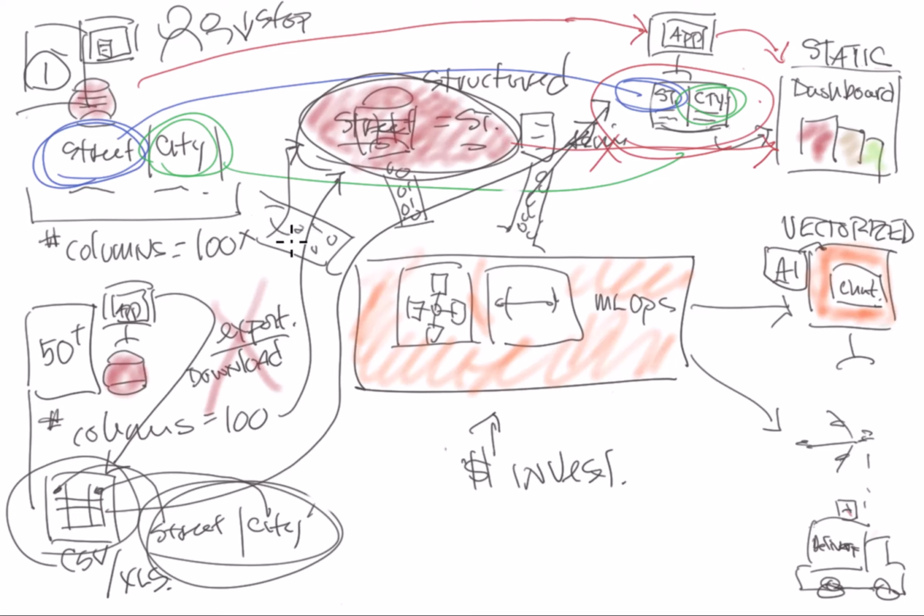So we want the ability to pipe in all types of data from all over our systems, right? And so that feeds into this MLOps framework, which ultimately will do these type of things. In addition, we'll do the simple things like develop these dashboards and things of that nature.